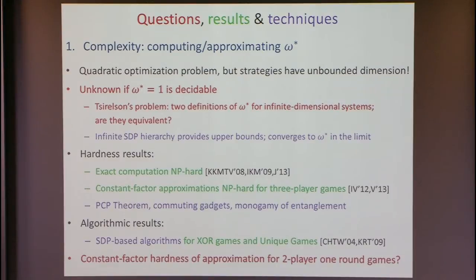In the classical PCP theorem, two players is the same as having a proof. In the quantum case it's not. Local Hamiltonians is the same as having a proof, and two players is a different thing. That's the problem.